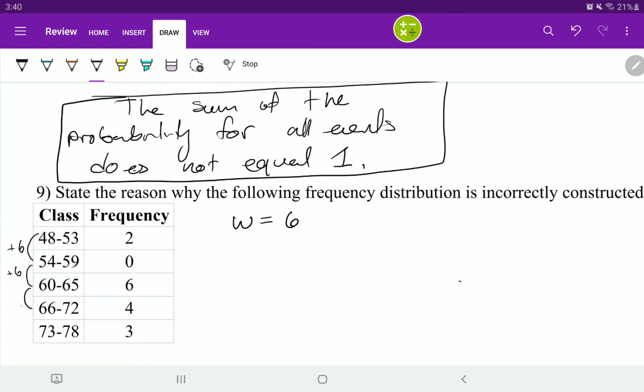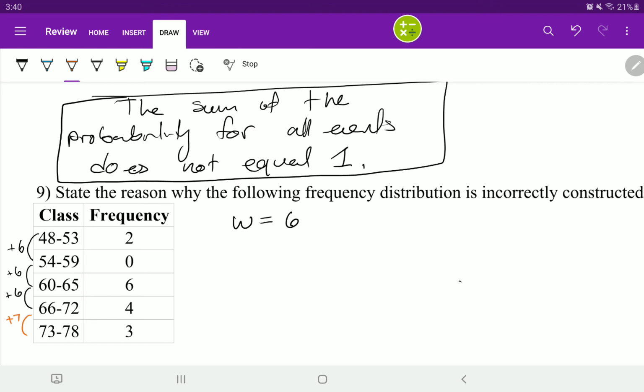If you add 6 again to 60, you get 66. So far, so good. But if you add 6 to 66, you're supposed to have 72. The distance between the lower limit of my fourth class and the lower limit of my fifth class is 7 units.